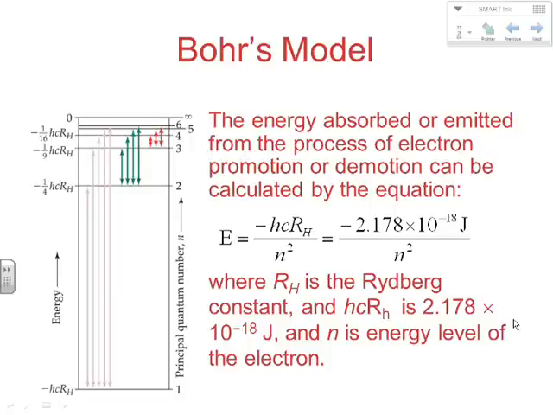N would represent the energy state that we're talking about, or principal quantum number, which is what we'll eventually call this. So at energy level 1, you could plug in a 1 here and you could calculate what our energy is. Now, everything on top here, the hc and R_H, which is known as a Rydberg constant, all of those are constants, so we can combine them together into one large constant that looks like this to simplify the equation.